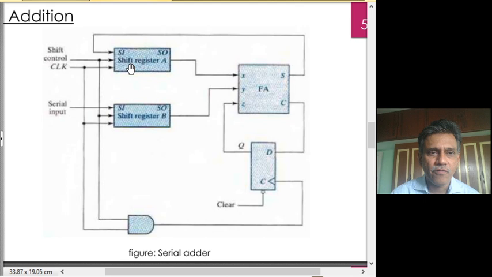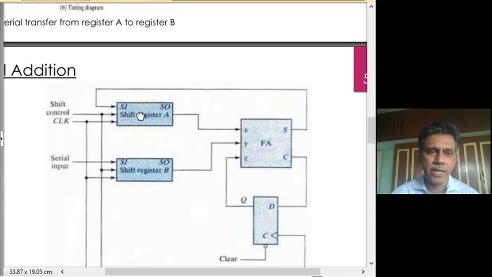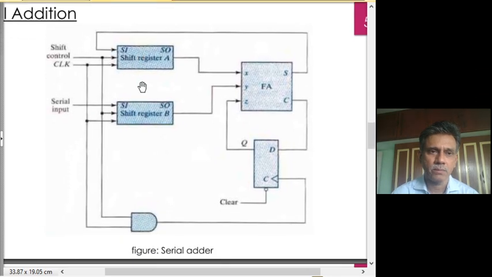So here we have 2 registers, A and B, of arbitrary length, maybe 4-bit or 8-bit or 64-bit, doesn't matter. We want to add these 2 register contents and store the result back into this A register. So we can treat this A register as an accumulator. It does A plus B back to A.